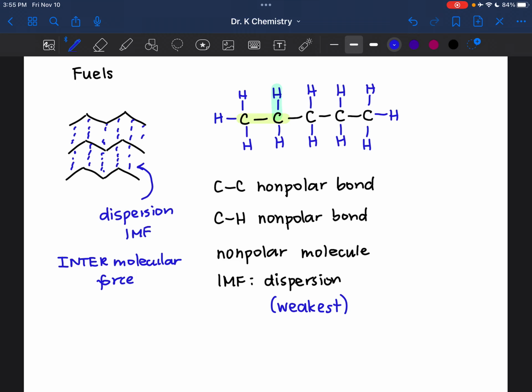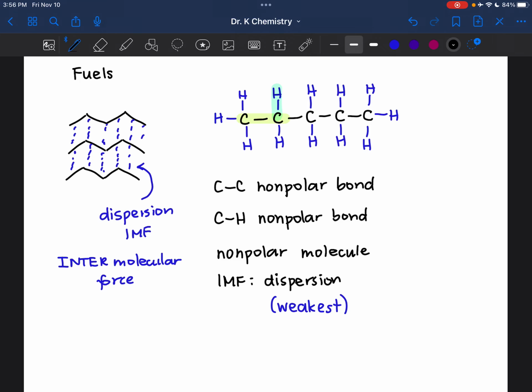The stronger the intermolecular force is, the more energy it takes to pull these molecules apart from each other. And if it takes more energy to do that, that means its melting point and boiling point will be high, because you have to put a lot of energy into the system to break those intermolecular forces and get the molecules apart. Well, alkanes only have dispersion, which is the weakest intermolecular force, so it doesn't take all that much energy to get these things to melt or to boil.